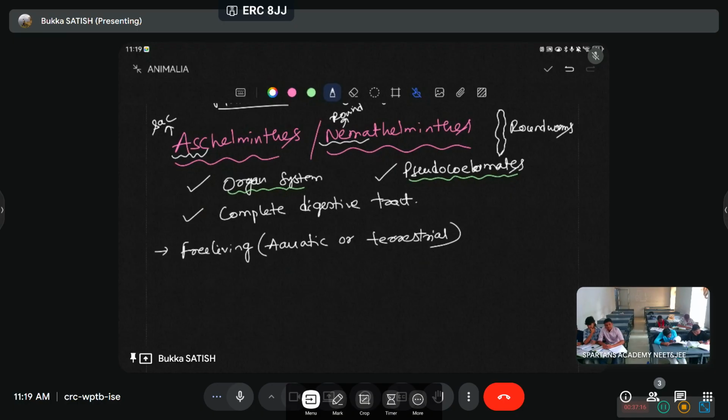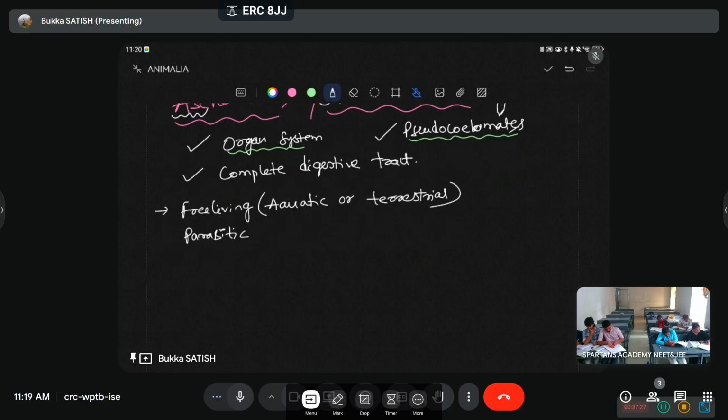Next, there are parasitic forms also. One feature that developed here is the muscular pharynx. So the alimentary canal consists of a muscular pharynx.